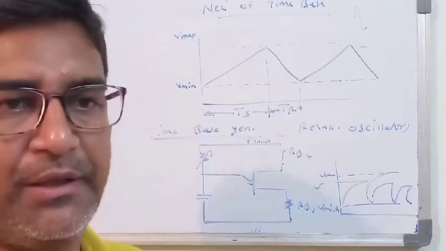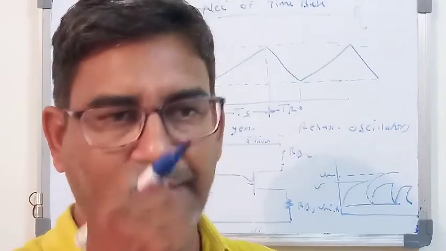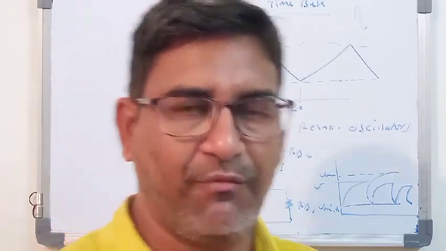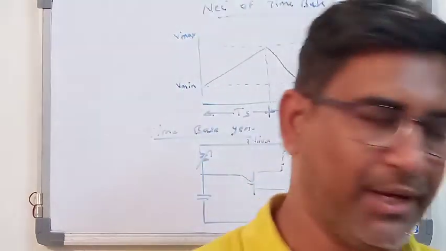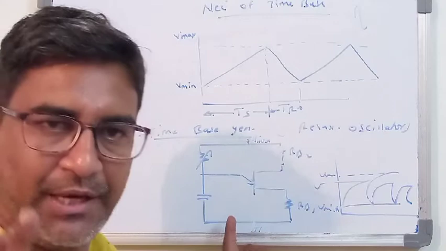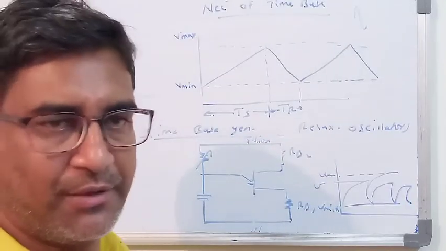In that UJT, the time base or sweep generator, it acts as a switch. When the power is applied to this particular capacitor, it charges exponentially through the resistor.